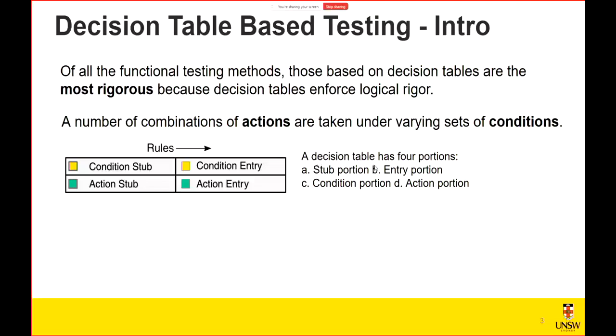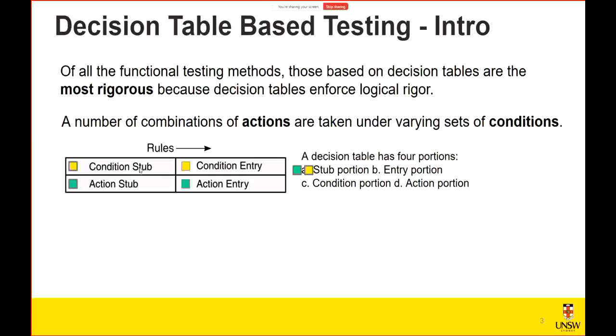So according to this definition here, we can group the decision table into 4 portions, and normally this is how we represent a decision table. So first we have the step portion, which is denoted with the thicker border small squares, and the stubs could be considered as table headers.